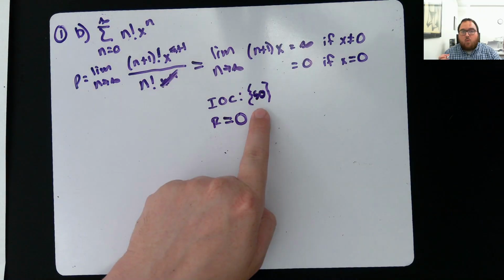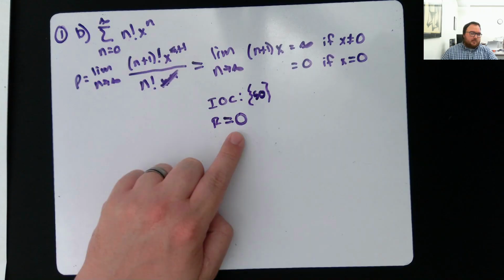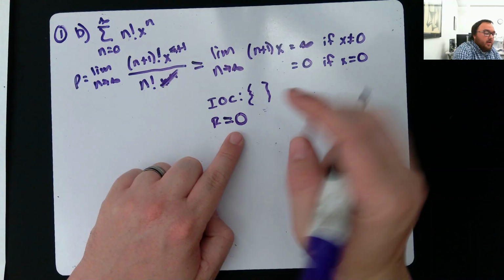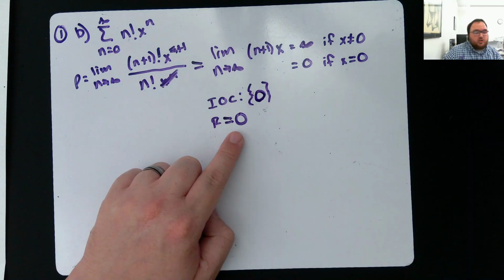Since this is only 1 point, there's no gap. You know what I mean? There's no range. It's just 1 point, so R is going to be equal to 0. It just so happened that the interval was the same thing. But that doesn't always mean they are going to be the same thing. Just want to make that clear.